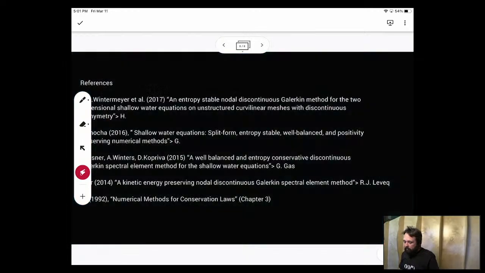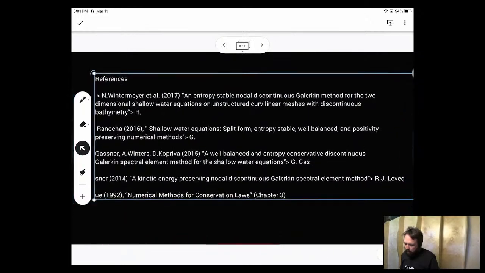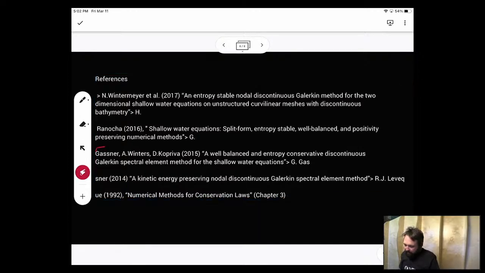There was a whole bunch of reading that went into this over the last couple weeks. Let me move this over so you can take a look at some of those references. Particularly this paper from Gregor Gassner in 2015 is the one that a lot of this material was based on today.